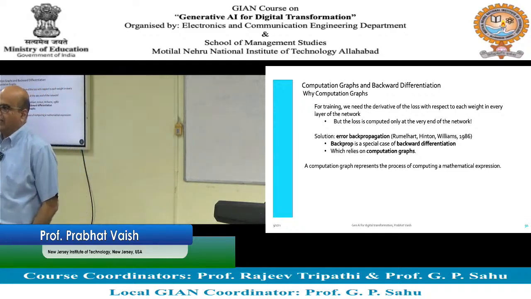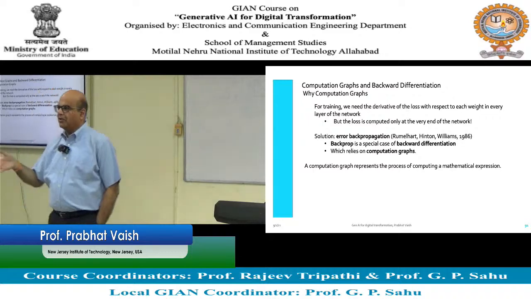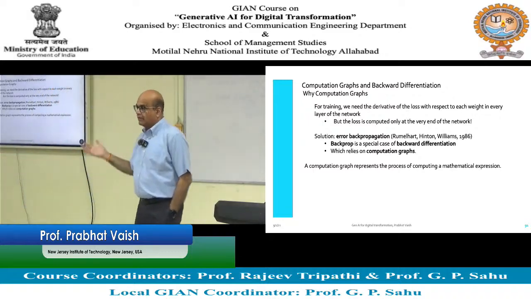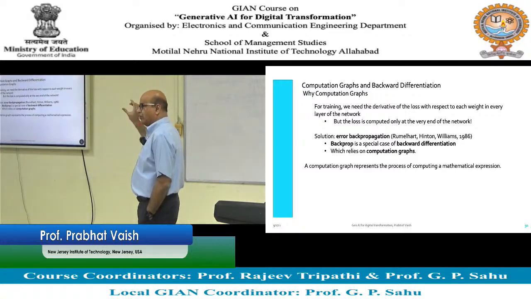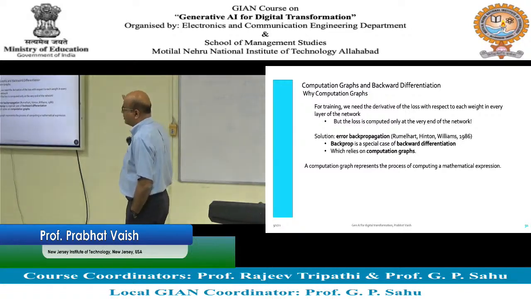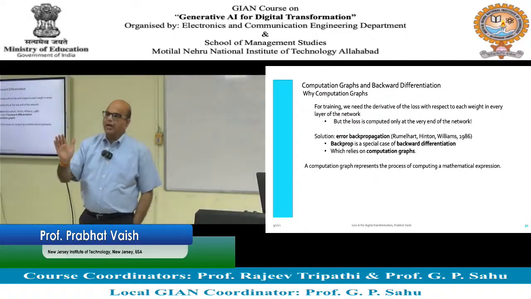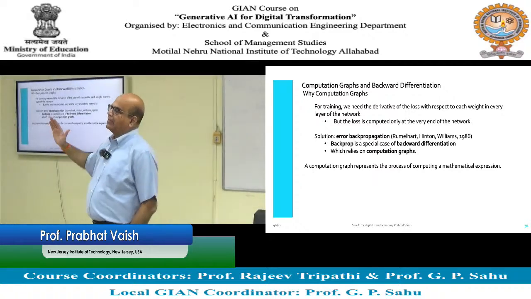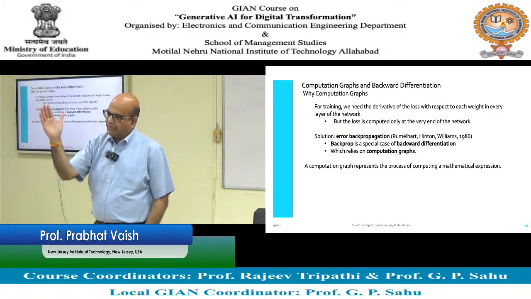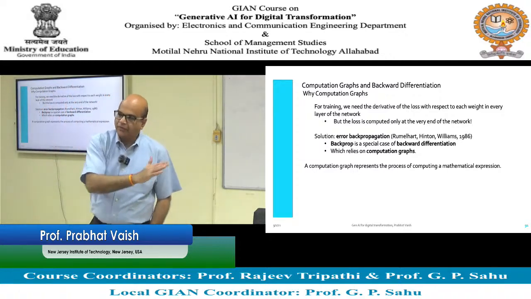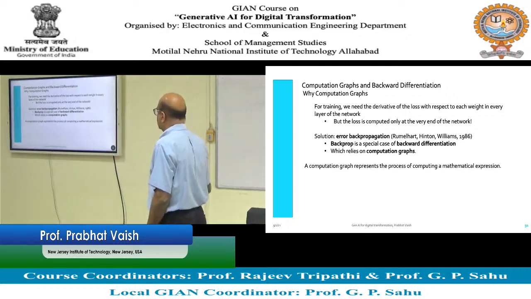Every neuron, 5 neurons, 500 neurons, 5 million neurons, all of them have to compute it. Once you've done it, then based on what the loss function says, you have to make changes to the weights and biases. The change will happen in the opposite direction. First the output layer, then the previous layer, all the way to the first one, right? That's what you would do.